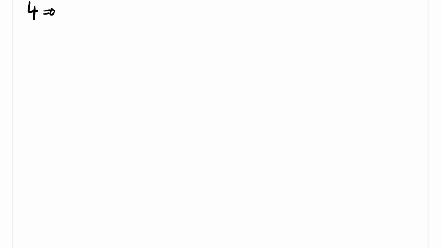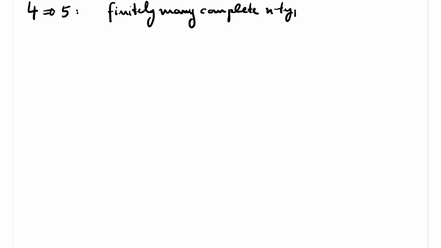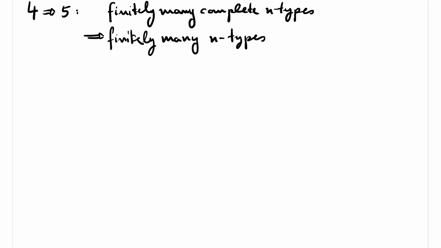For the proof that 4 implies 5, we assume that there are finitely many complete n-types. Note that this implies that there are finitely many not necessarily complete n-types. The reason is that every n-type is completely determined by the set of complete n-types that contain it.